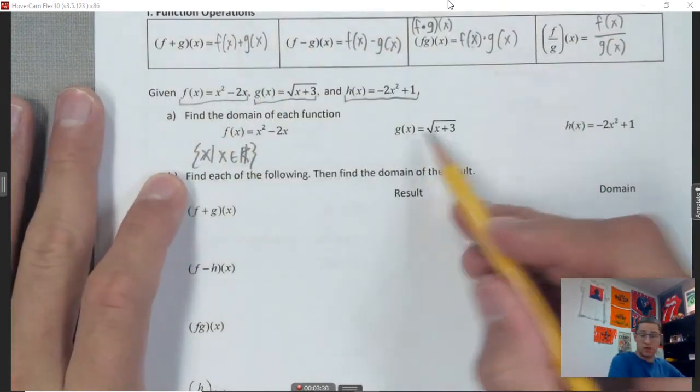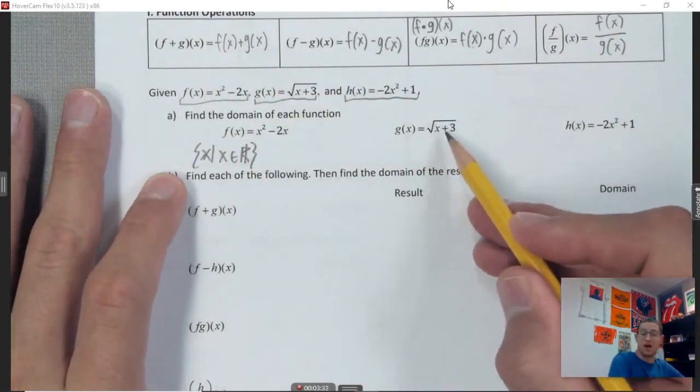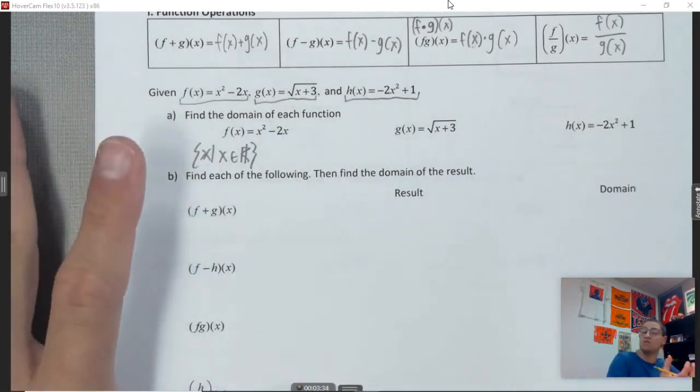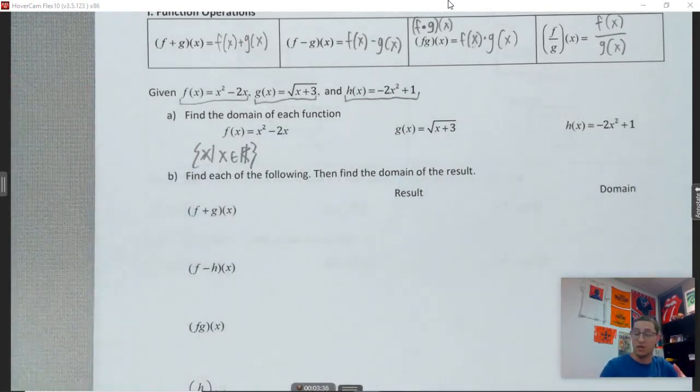This one here, notice there is the square root. There's two different ways to think about it. One is to take out the values that would give you a negative number. Or you can think about the domain as everything that will not give you a negative number.